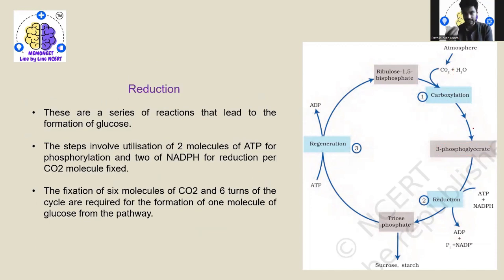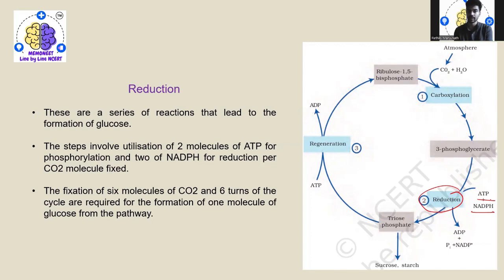After the carboxylation, you will see the reduction. So in reduction, what happens? There is a series of reactions that leads to the formation of glucose. The steps involved here are the utilization of two molecules of ATP for phosphorylation and two of NADPH. Okay, so whatever ATP and NADPH, they are going to utilize in this reaction for reduction per CO2 molecule fixed.